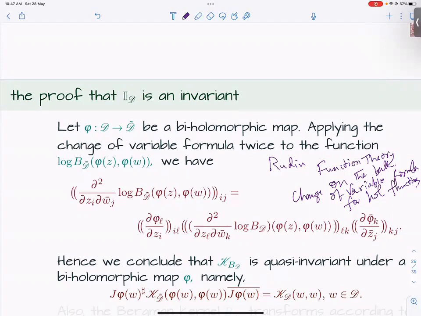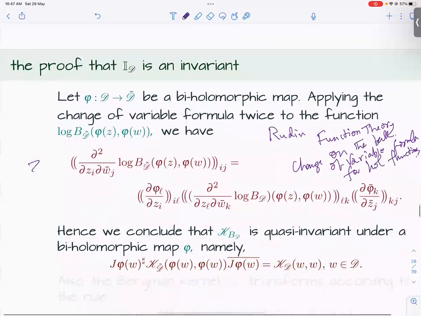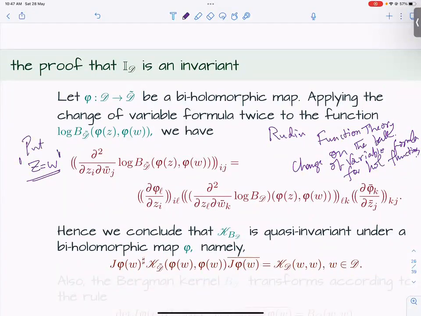this curvature at pz, pw, again here there is a slight typo. I have polarized here. At the end we can put z equal to w, which will be actually the curvature. But before putting z equal to w, we can do d square dz_i dw_j bar log of the kernel function.